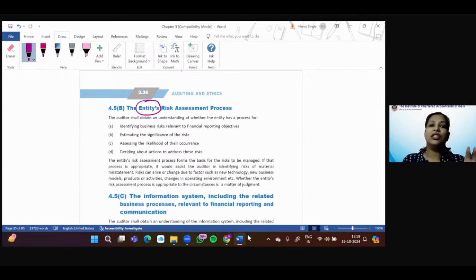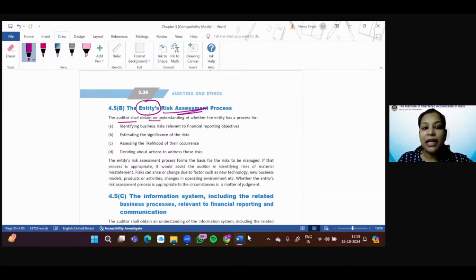So if I ask you that out of entity and auditor, who is responsible for design and implementation of internal control? It is the entity. So whether the entity has its system, its process of risk assessment, right? The primary responsibility with respect to risk assessment is that of the management or the entity, right?